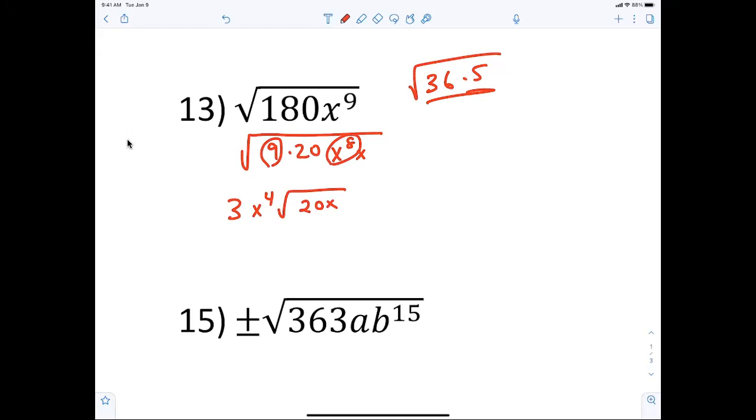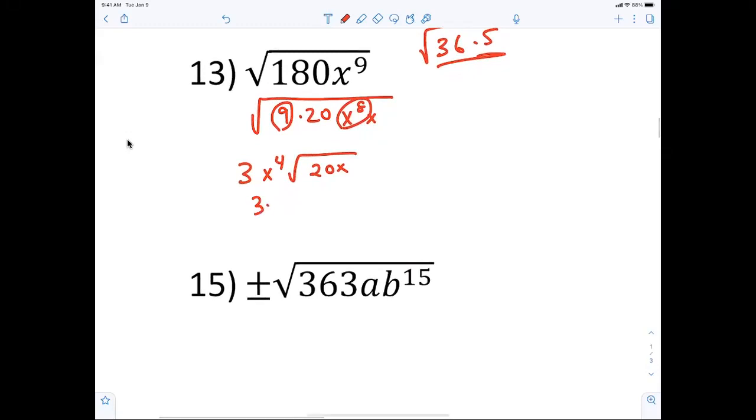What is it? 4. 4 times 5. That's right. So now watch. 3x to the 4th, 4 times 5x. What's the square root of 4? 2. What do I do with the 2? Multiply it by 3. Why? Because it's all multiplication. So now it's 6x to the 4th, radical 5x.